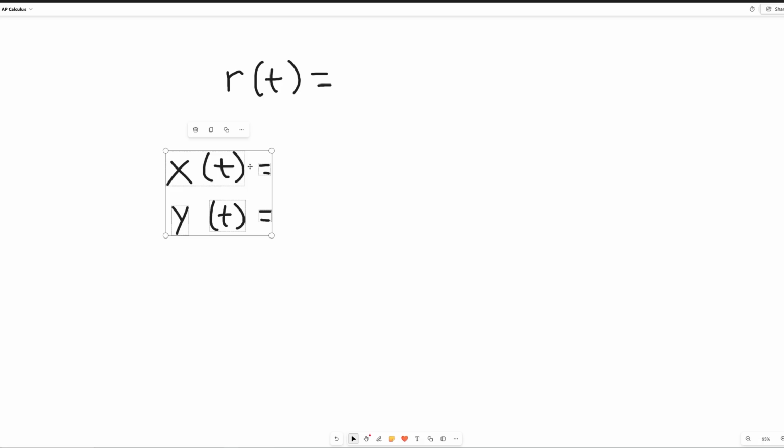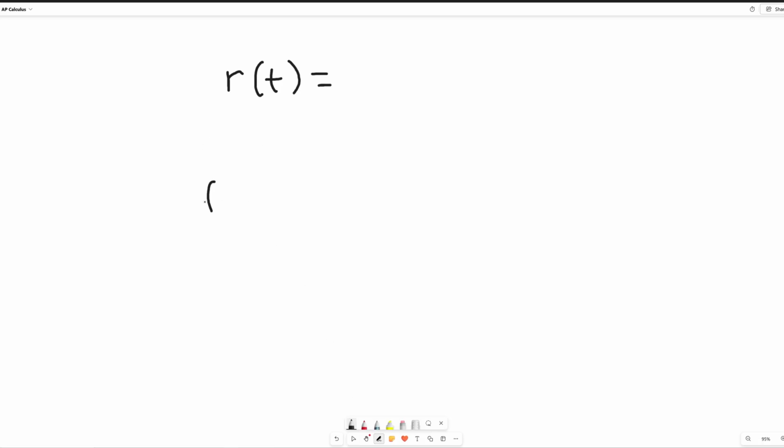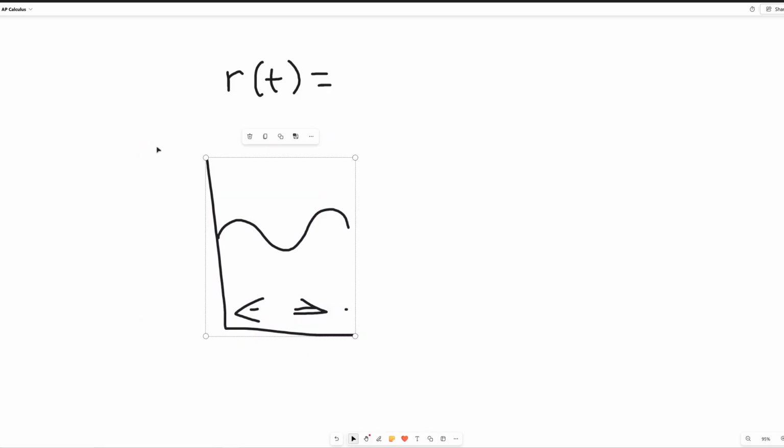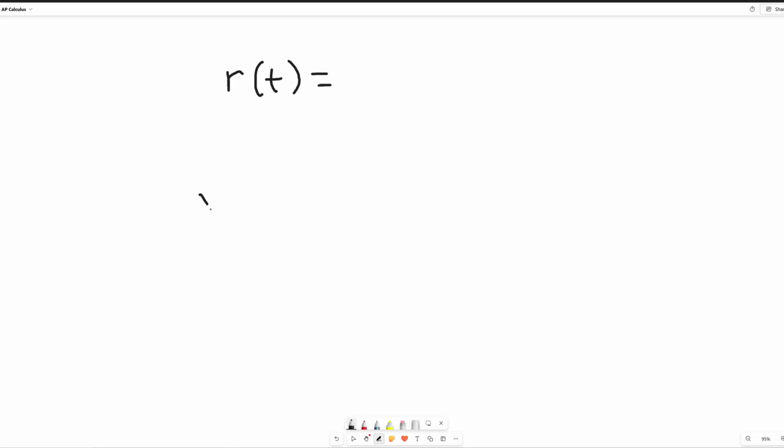Well, normally you have f of x, or y equals x, and that means that the height of the function depends on the x value. In parametric equations, both the height of the function, y of t, and the length of the function, or what position it is on the x-axis, both of these depend on the variable time.